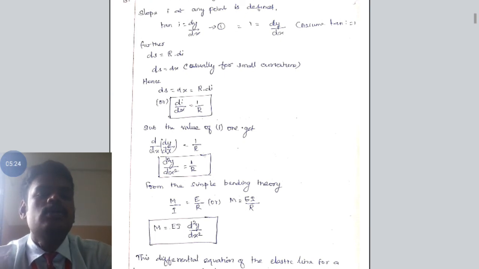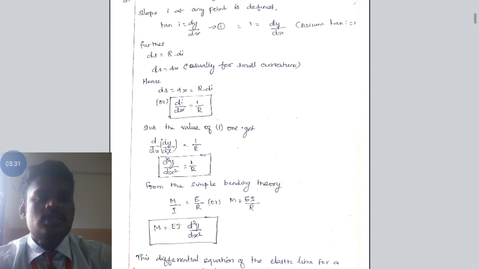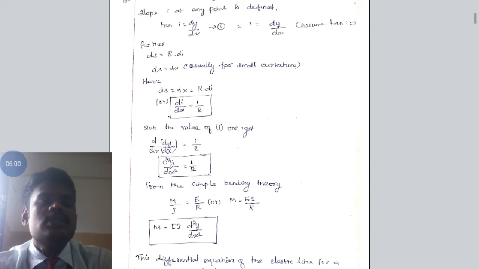For the smaller amount, i is equal to tan i, so this small curvature becomes ds is equal to dx is equal to R into di, or we can rewrite this equation as di by dx is equal to 1 by R. By substituting the value of i, we get d by dx of dy by dx is equal to 1 by R. So the equation becomes d square y by dx square is equal to 1 by R.